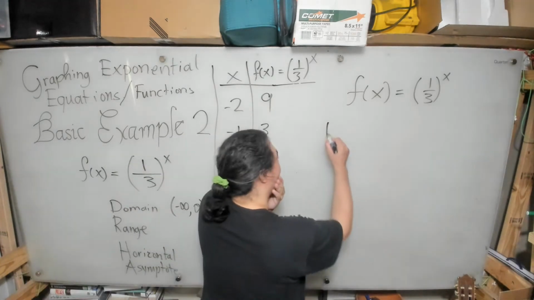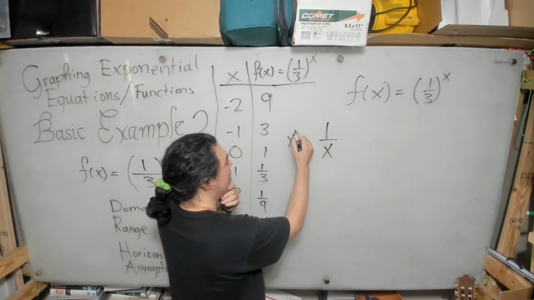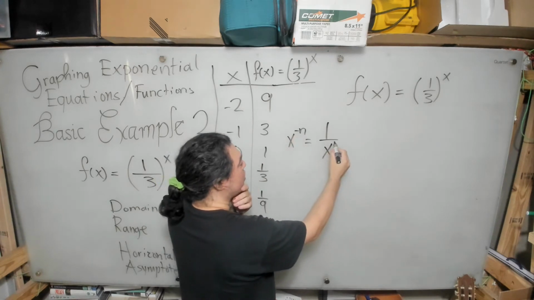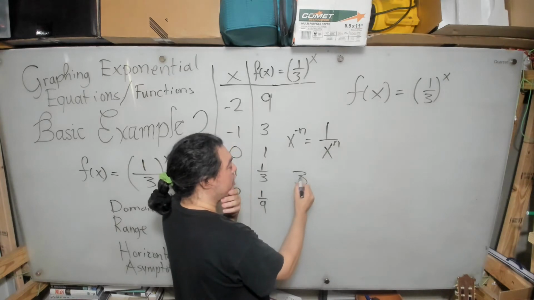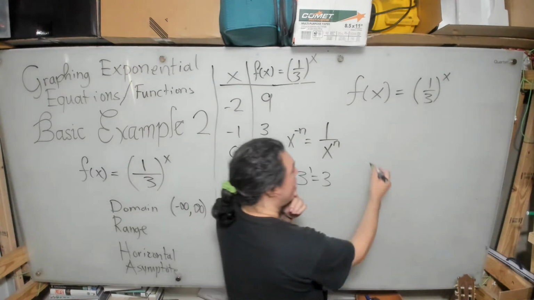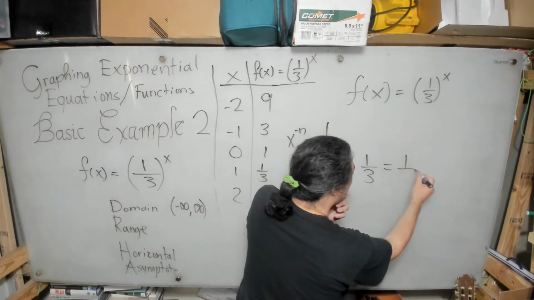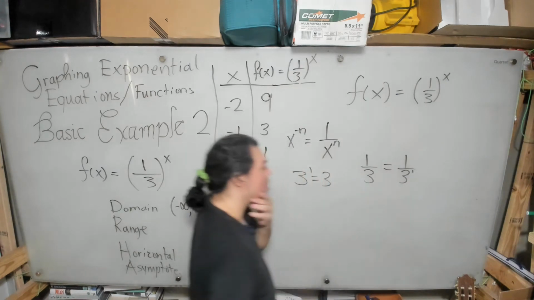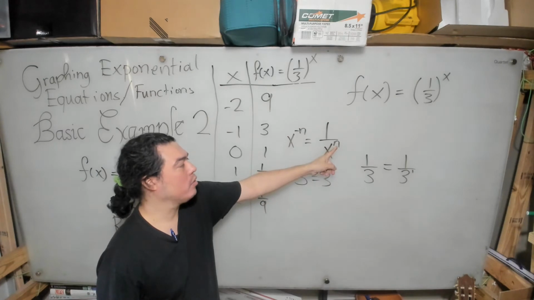We might say, aha, if I have x to the negative n is equal to 1 over x to the positive n, then because I know that 3 to the 1 is equal to 3, maybe I can say 1 over 3 is the same thing as 1 over 3 to the 1 power.